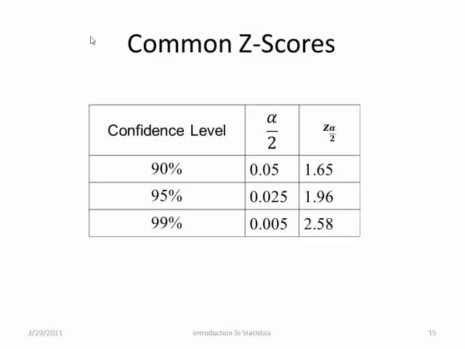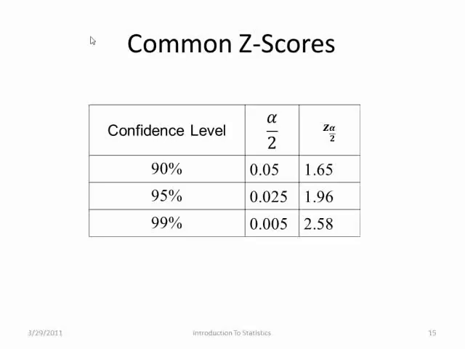A 90% confidence level corresponds to an alpha level of 0.1. Sound familiar? A 95% confidence level corresponds to an alpha level of 0.05. Sound familiar? A 99% confidence level corresponds to an alpha level of 0.01. Sound familiar? I asked you to pick an alpha level.